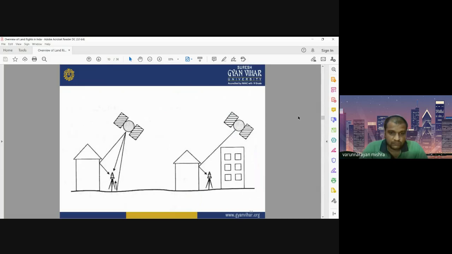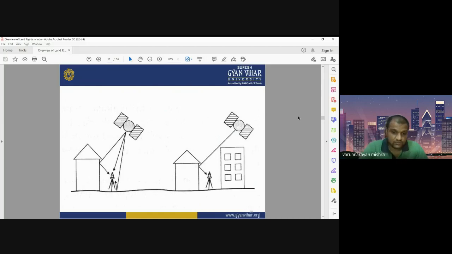In both the figures, you can see how multipath error works. When the signal is not reaching directly to the GPS receiver and it interacts with nearby objects, it will increase the travel time of the signal to be received by the GPS receiver. So it's a kind of multipath. The name is very clear, multipath. Signal is having multiple paths to reach your GPS receiver.